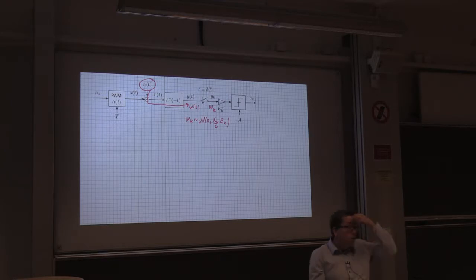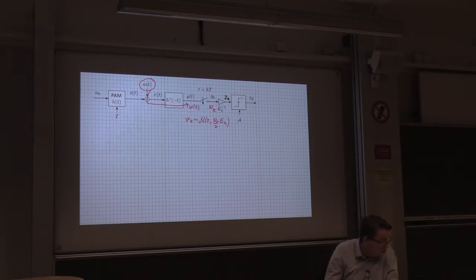Then, to calculate the error probability, we would like to characterize not W itself, but rather this variable zk here, which is the input to the slicer device.